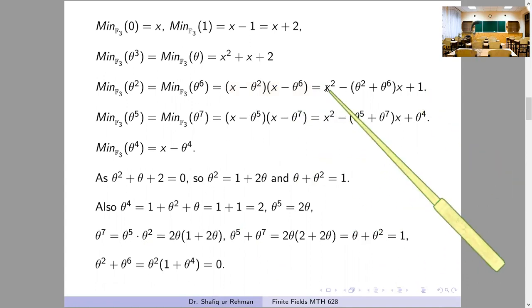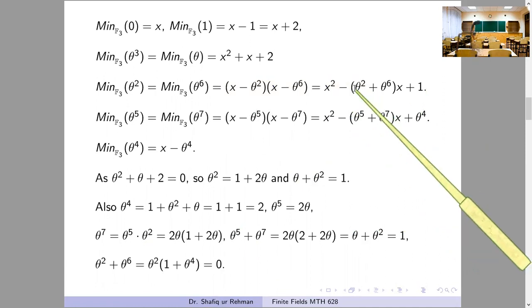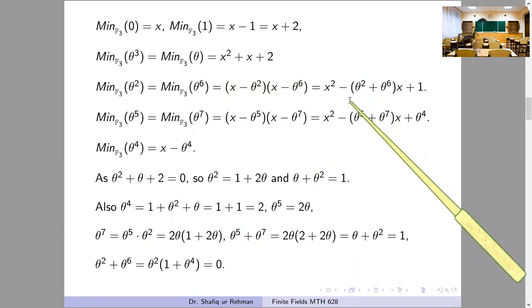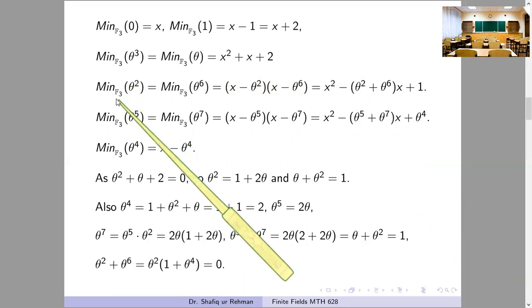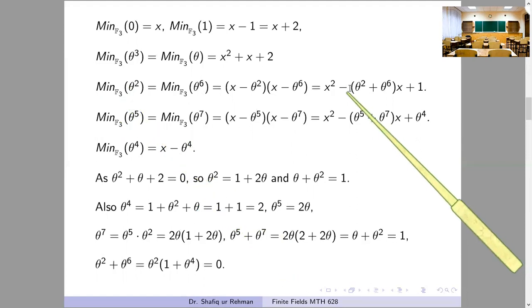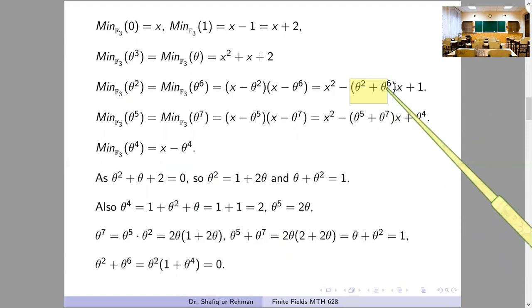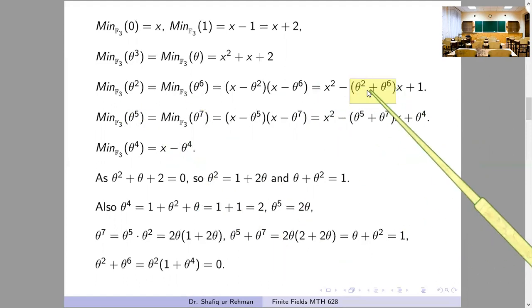But if we see this polynomial, we require the coefficients in the field F3, because we are taking the minimal polynomial over the field F3. But for the moment it seems that the coefficients may be outside of this field, so we have to clear this.